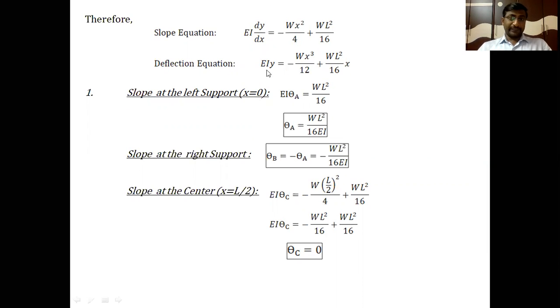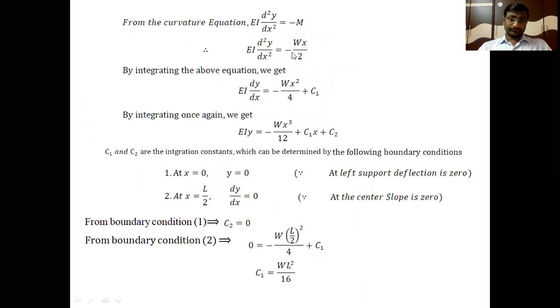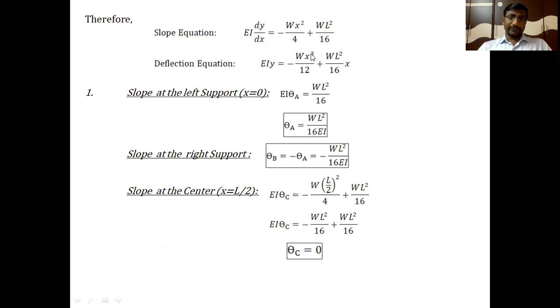Similarly, the deflection equation is EI y equal to minus w x cube by 12 plus C1 x, in place of C1, w L square by 16, x plus C2, whose value is 0. So minus w x cube by 12 plus w L square by 16 x, C2 value 0, got it, right? These are the final slope and deflection equations after eliminating C1 and C2.